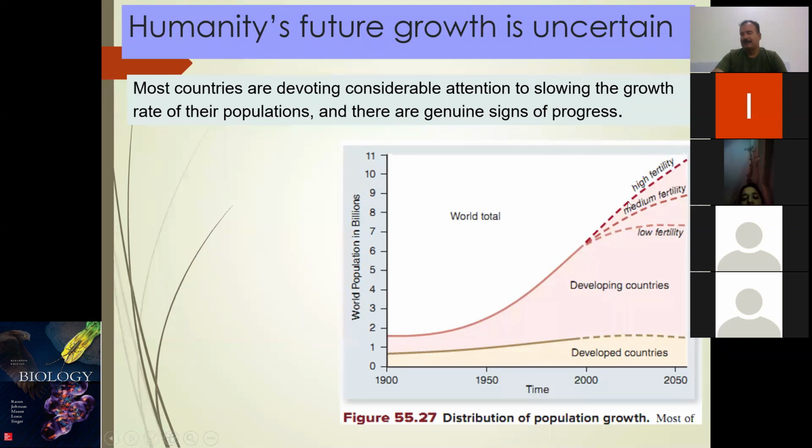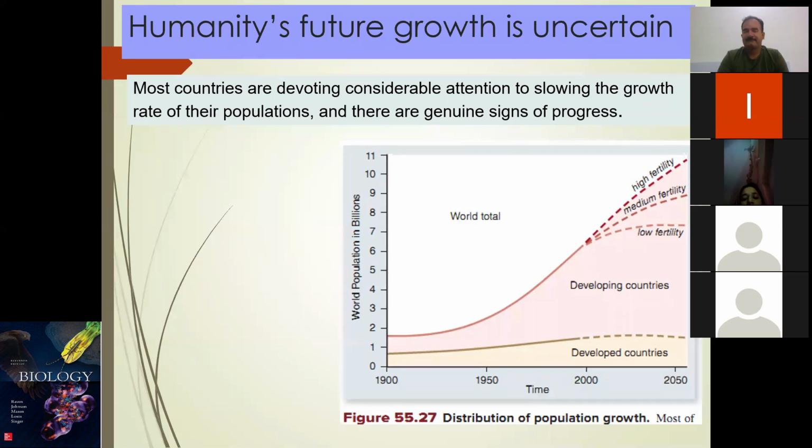2055. So this is the time we have to manage our strategy to reduce the stress on the planet, because this planet has limited capacity, and under this limited capacity we can grow our population.